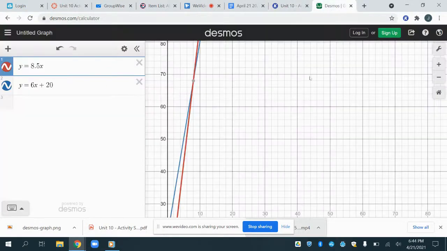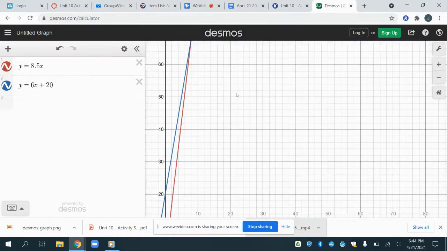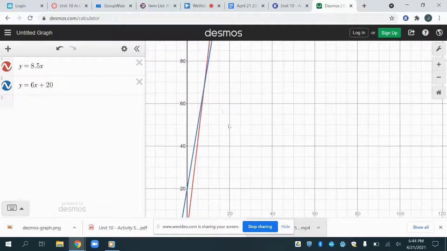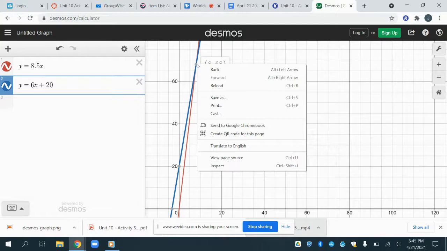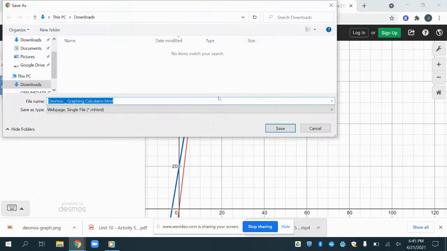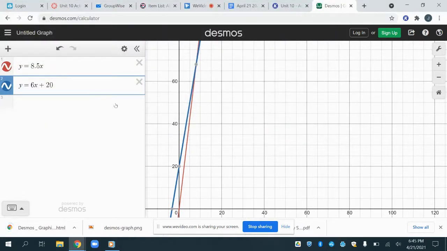I'm going to export that. I'm going to see if that works. Oh, I don't know if that did work. I'm going to do screen capture. How do I do screen capture on here? Print screen. Control F10.